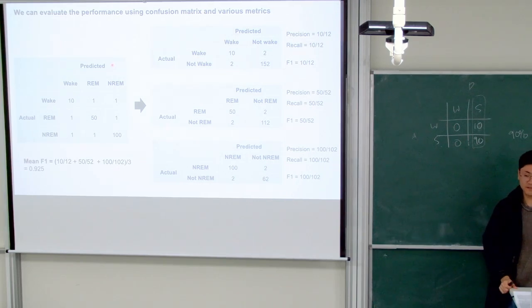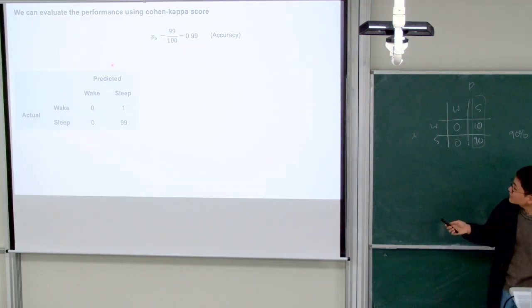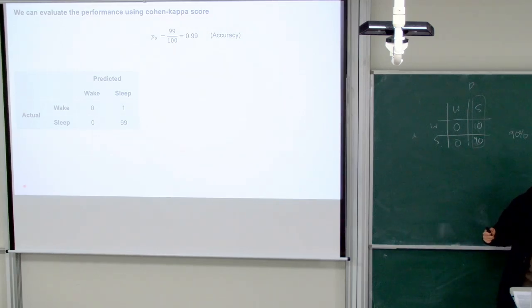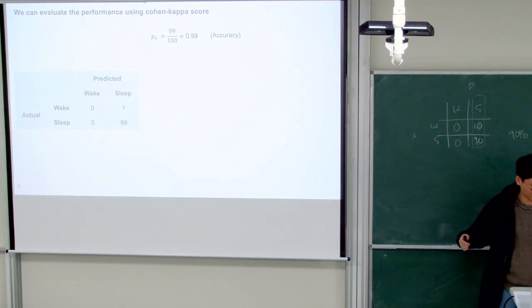And actually, there is another metric we can use, which I think some of you have heard of: Cohen's kappa. The interpretation is quite tricky. Let me try my best to explain this.